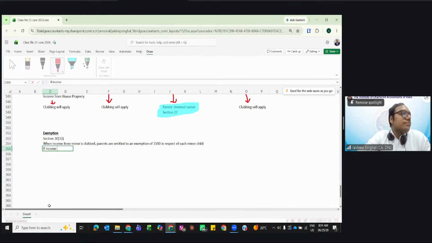If the income of the minor is less than 1,500, then the entire income is exempt.